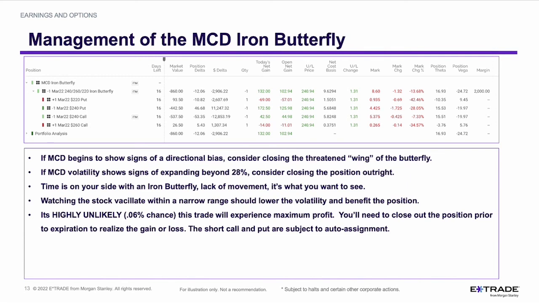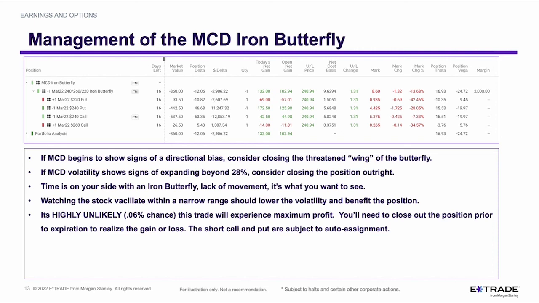It is highly unlikely, with just a 0.06% chance, that this trade is going to experience the maximum profit. The only way it's going to experience maximum profit is if at expiration it is 240.00, a very unlikely situation. So therefore, you need to anticipate and prepare and then close out the position prior to expiration.